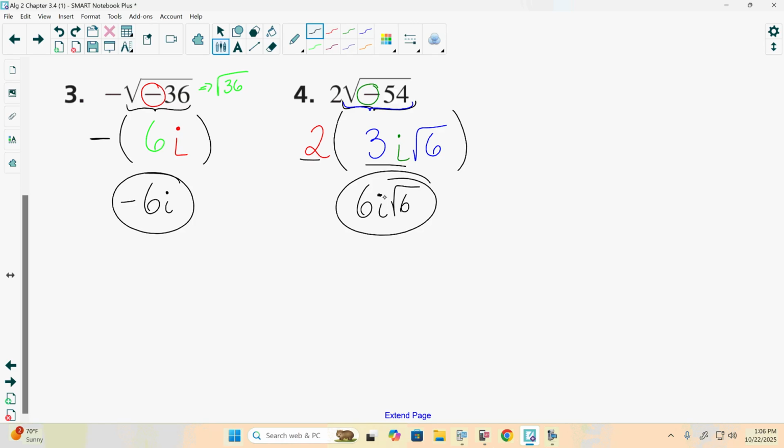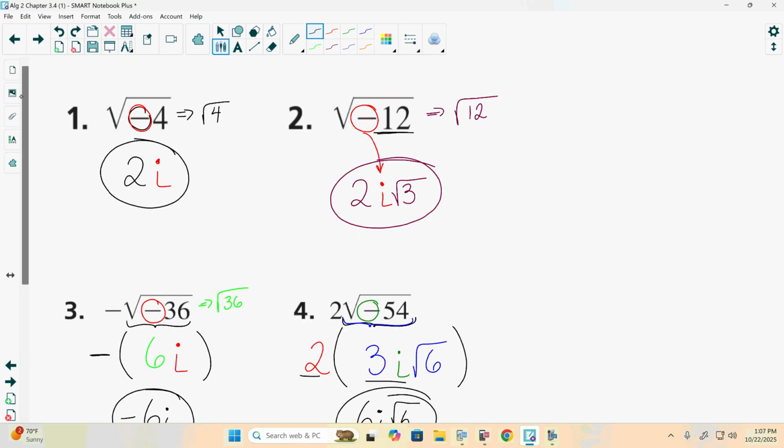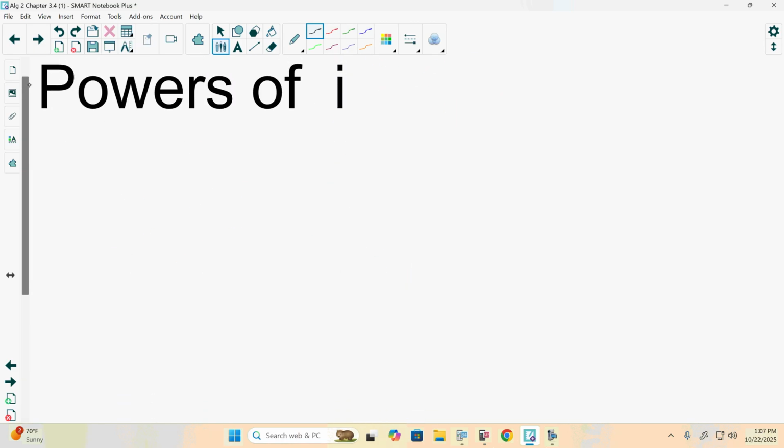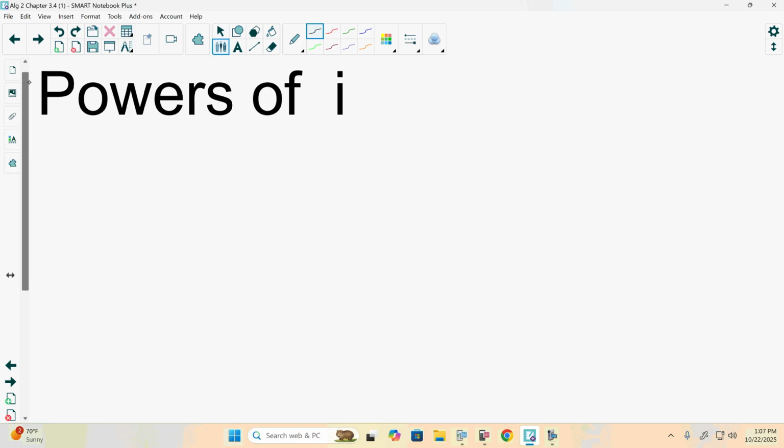Questions on simplifying i's in these radicals? All right. Next thing we're going to look at is powers of i. Now, so far what we've said, by definition, i is equal to the square root of negative 1.